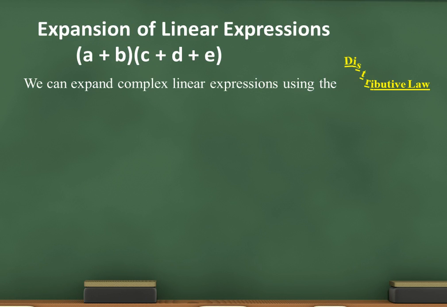First we have two brackets, with more than two terms inside a bracket. I would like to encourage everyone to pause the video here and give it a try expanding the expression yourself using the distributive law that you already know. Don't worry, nothing has changed.